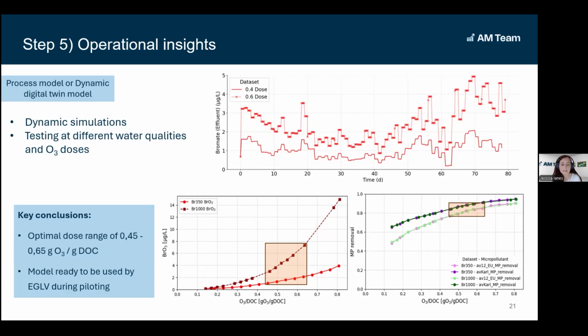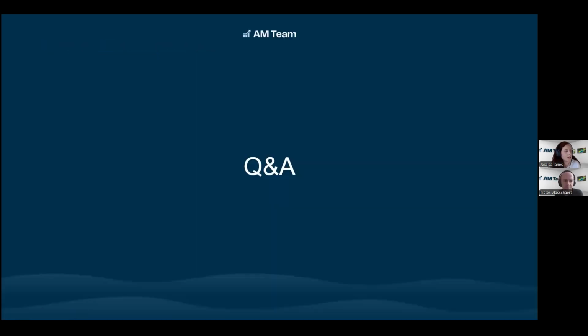And at the same time, with the dynamic process model, we could actually prepare a kind of digital twin that can be used by EGLV during the piloting phase, during the operation of the pilot. So this was the last step of the project. If you have some questions, we can answer them at this stage or later.